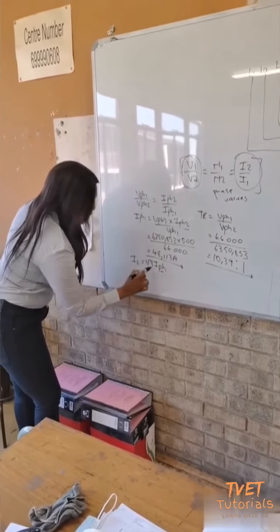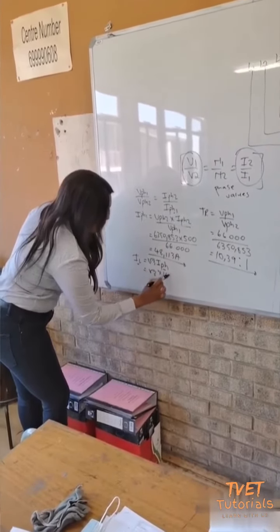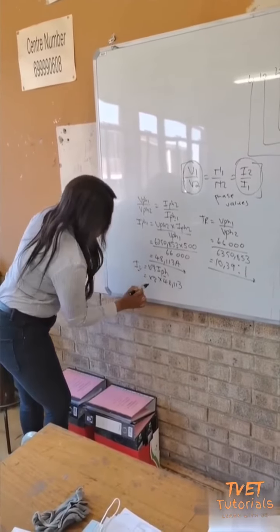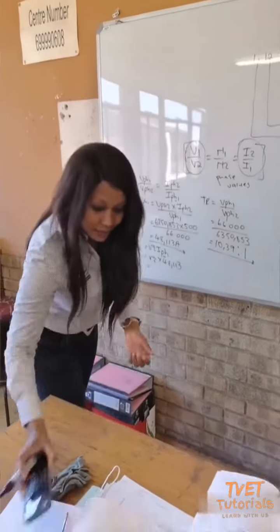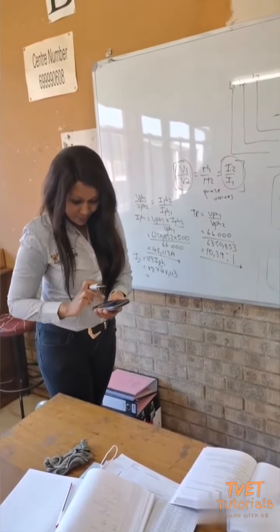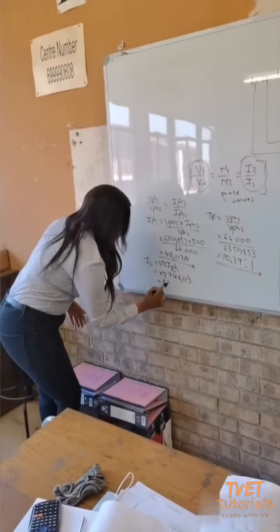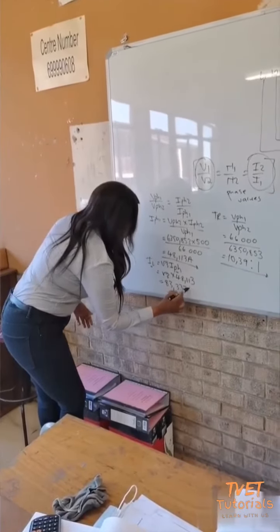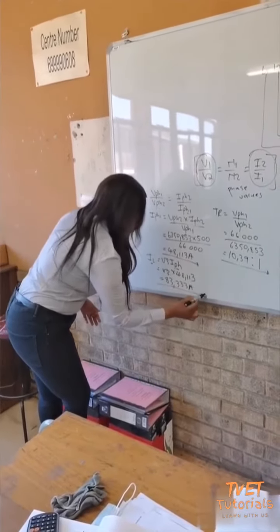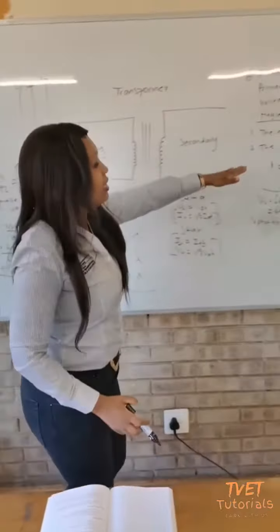So we do have the I phase, we need the I line. It is the square root of 3 multiplied by 48.113, which gives us the value of 83.33 amperes. So we do have what they wanted here.